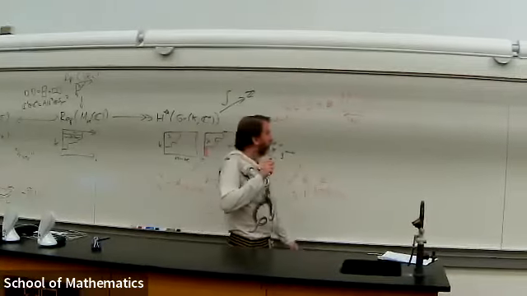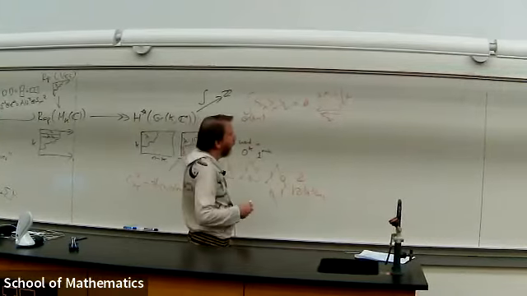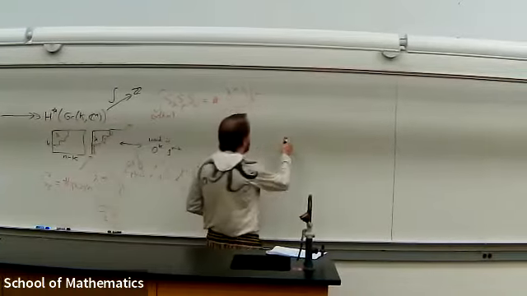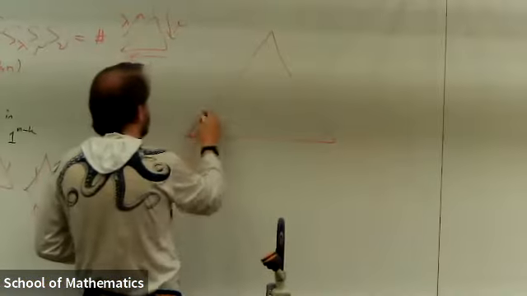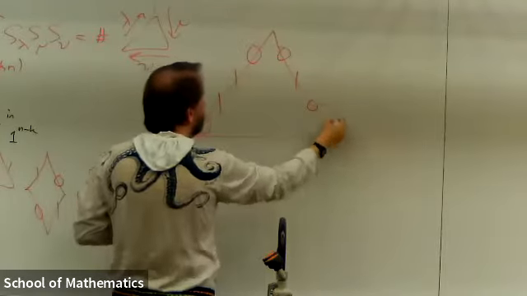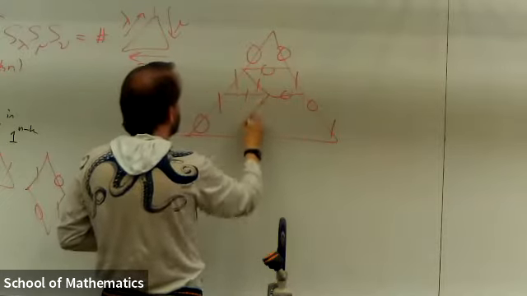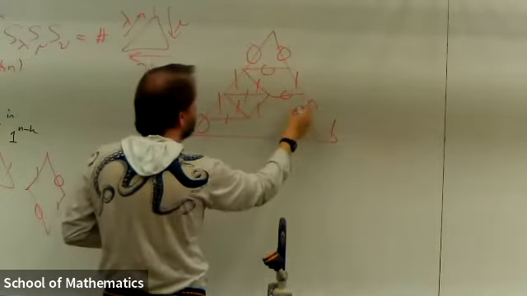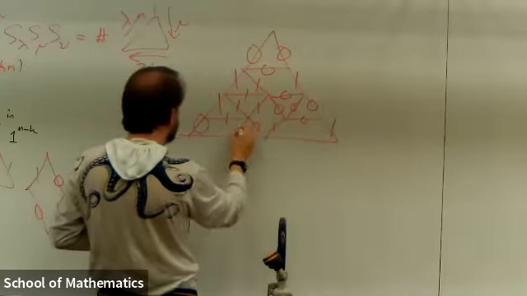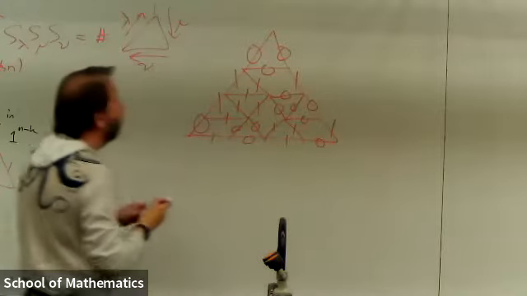Okay, so maybe I should be a little bit more precise as to how those things relate. So if I have some not very large puzzle, let's get ourselves a puzzle. Okay.